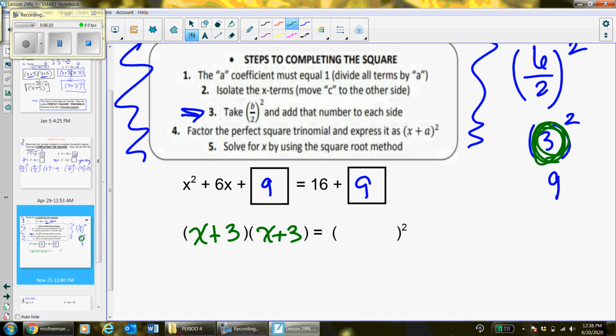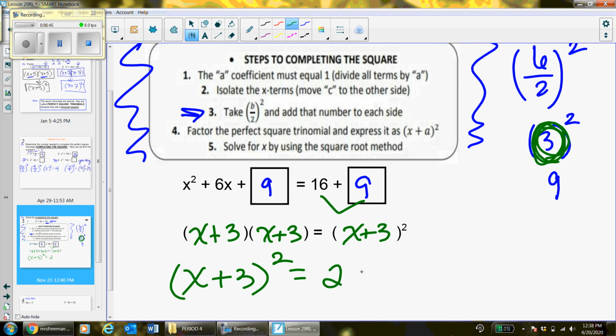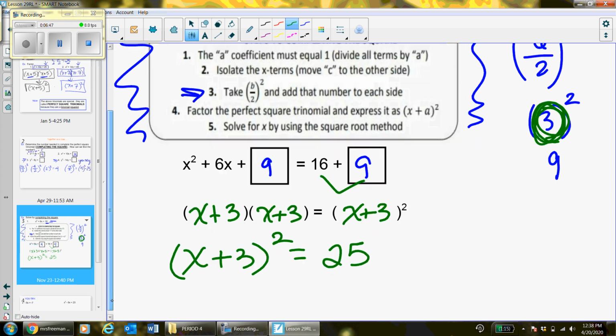So that becomes x plus 3 squared. This isn't the 16 plus 9, this is just the left side. So my left side is x plus 3 squared. Now I'm going to add 16 plus 9. That's going to give me 25.